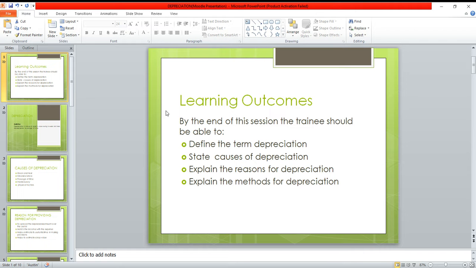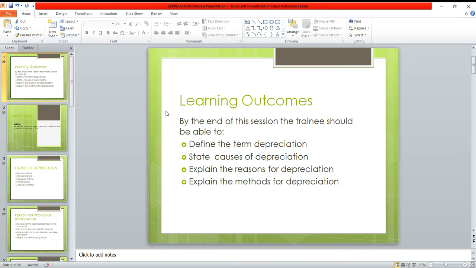And the second objective, we are going to also learn the causes of depreciation. We shall also see the reasons for depreciation. Why do we provide for depreciation?